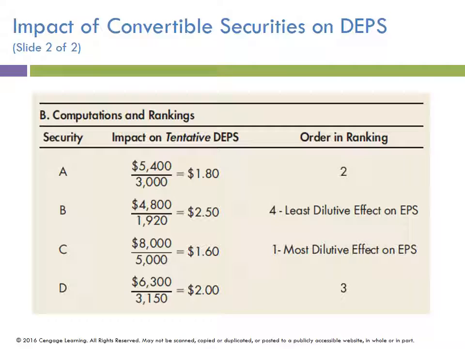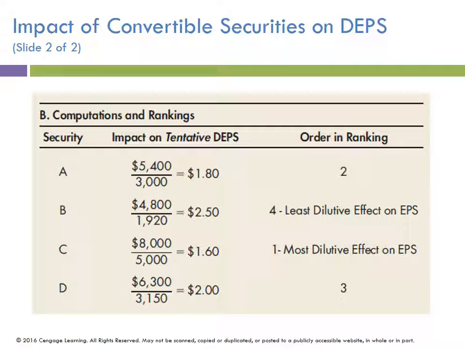Remember, we're pretending we did this as of the beginning of the year. So the tentative impact is $1.80. So the least amount will have the most dilutive effect. We do the same thing for Security B.